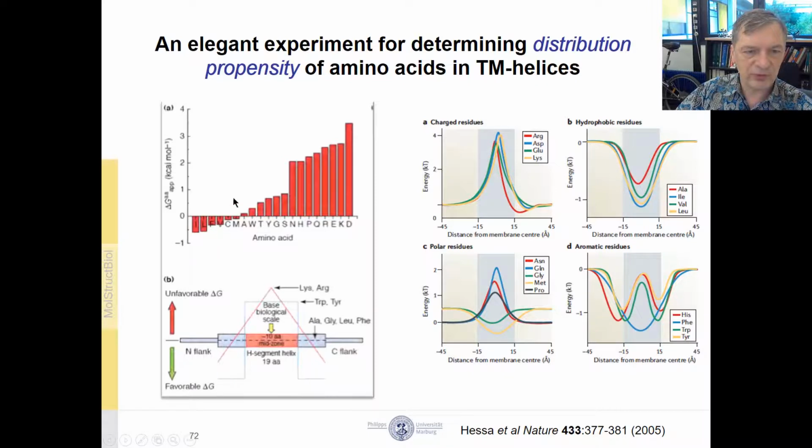Leucine and isoleucine are the most preferred ones here, and then they changed it and got profiles for all these amino acids: how far away from the membrane center they want to be in order to be incorporated. And I think that is one of the fancy things here, that you can also use hard biochemical work to get to some very interesting conclusions.